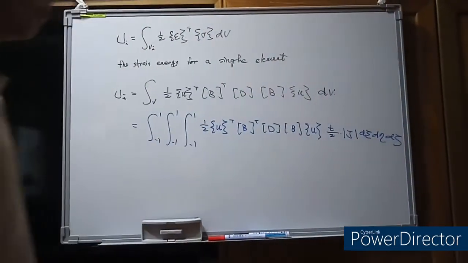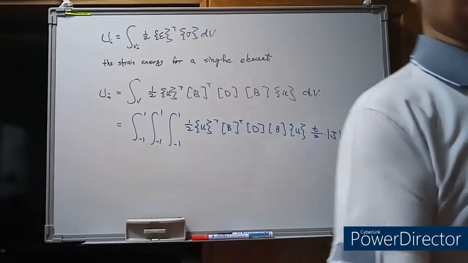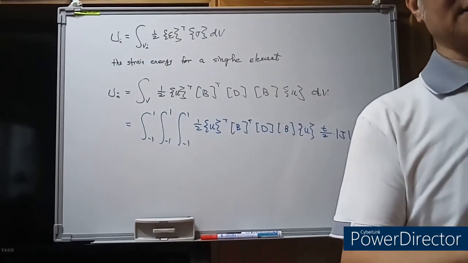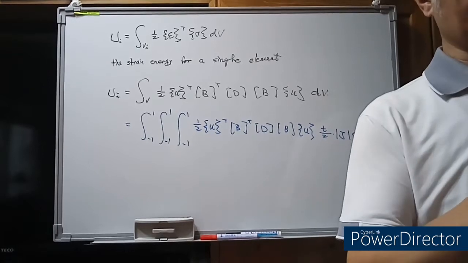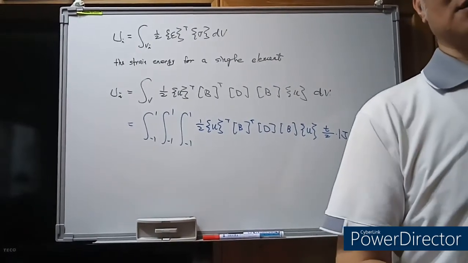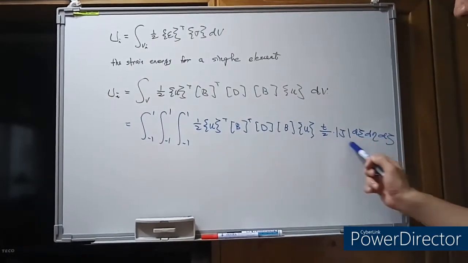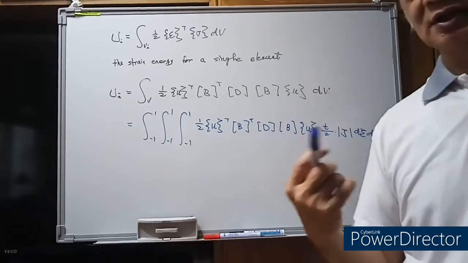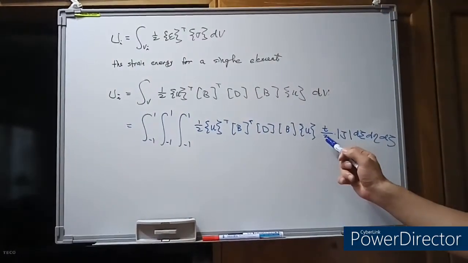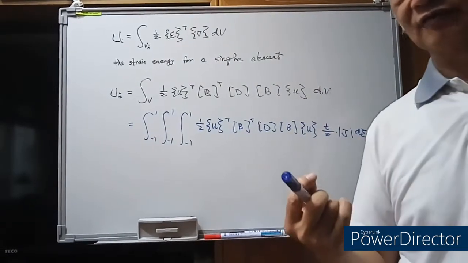Remember, the Jacobian represents the area ratio between the area in the xy plane divided by the area in the mass element. So the Jacobian times d xi and d eta will be the dx and the dy. And t divided by 2 times d zeta can give you the dz.